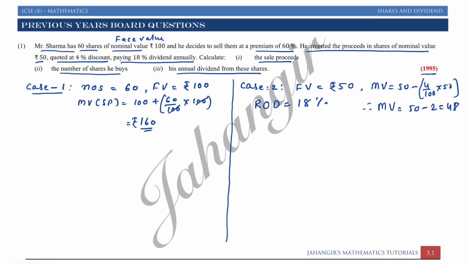So now the first part, what we want is the sale proceeds. So what is sale proceeds? Sale proceeds is the amount which we get after selling the first type of share. So here the first type of share is case 1. In case 1 we have 60 shares and it's selling at 160 rupees. So I will write sale proceeds: the amount received on selling.